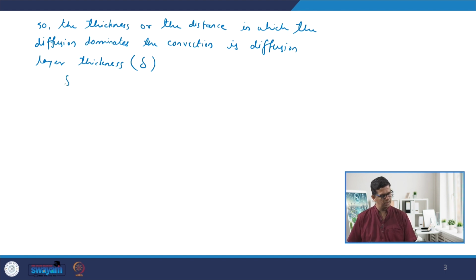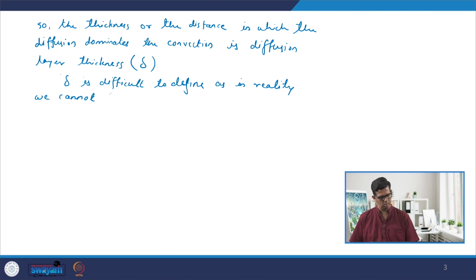So, this delta is difficult to define, as in reality you cannot distinguish convective and diffusive transport.